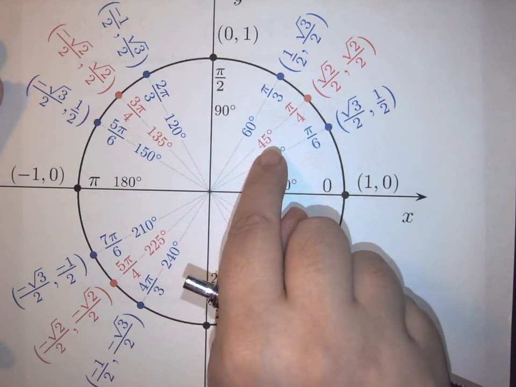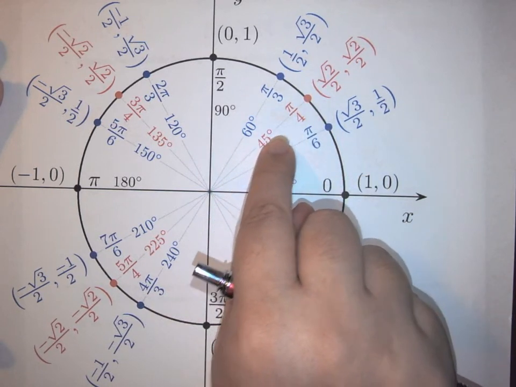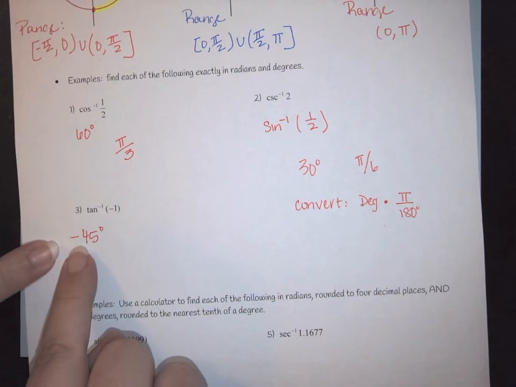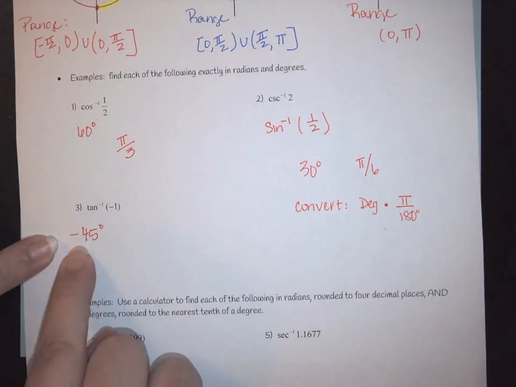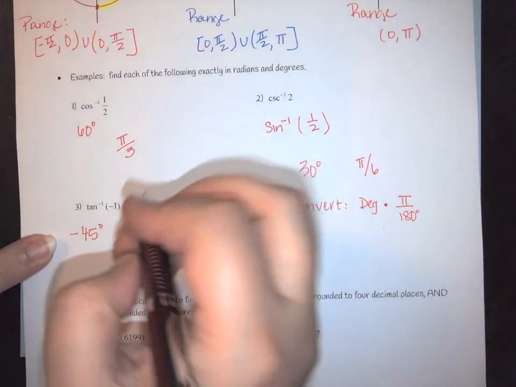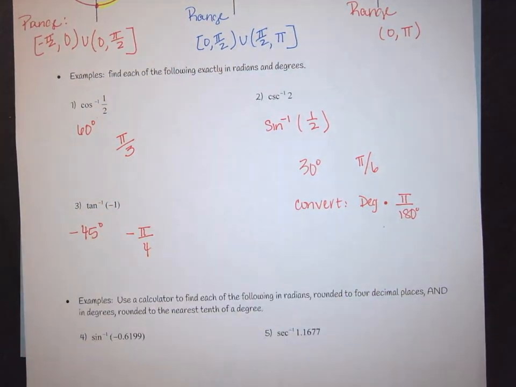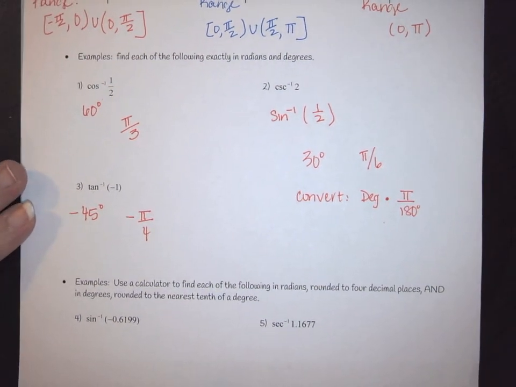I'm sitting here and looking at my 45-degree measure. To match it up, I get pi over 4. Okay? When you go back to your problem, just simply remember this was negative. So if I have a negative degree, it means I have to have a negative radian. Okay, fairly simple, not a lot of work to go with it.